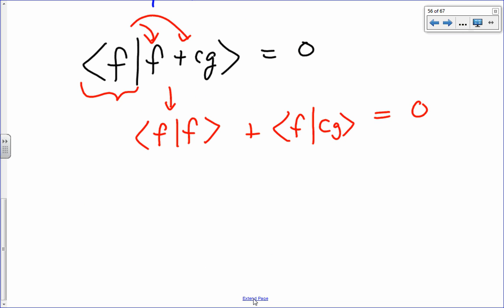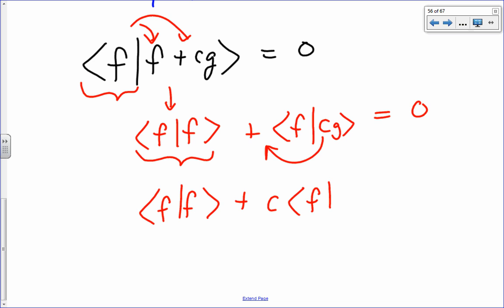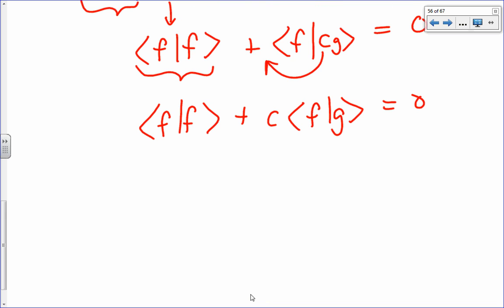Let's just solve for c. It's a constant, so I can pull it out of my integral. And finally, solve for c.